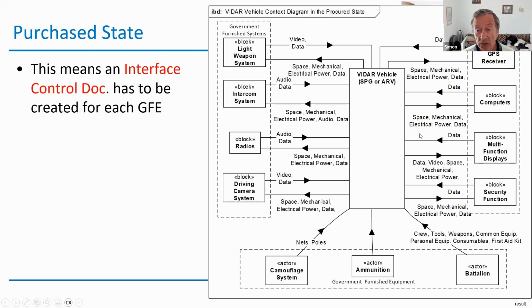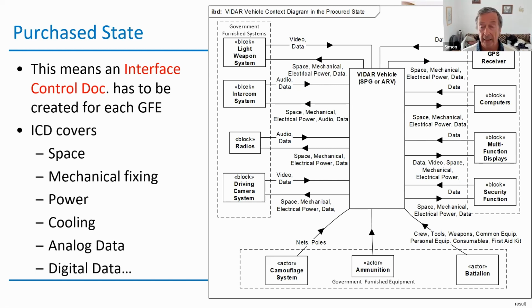This thing in the middle is what we were buying. We had to explain to our bidders that we're going to buy this, and they're going to have to fit all this existing equipment. And therefore we had to develop interface control documents for each of these government furnished equipment, this GFE.